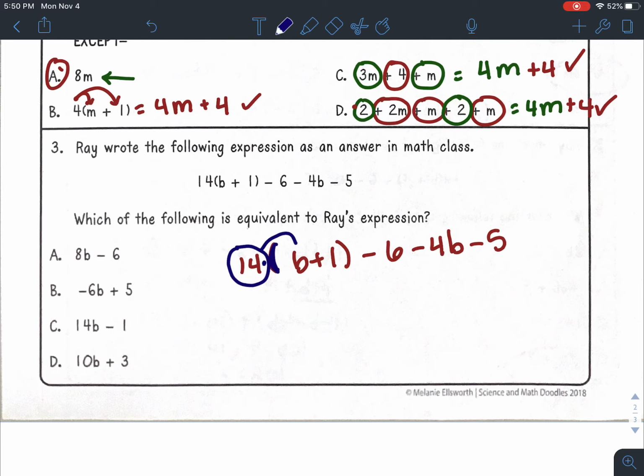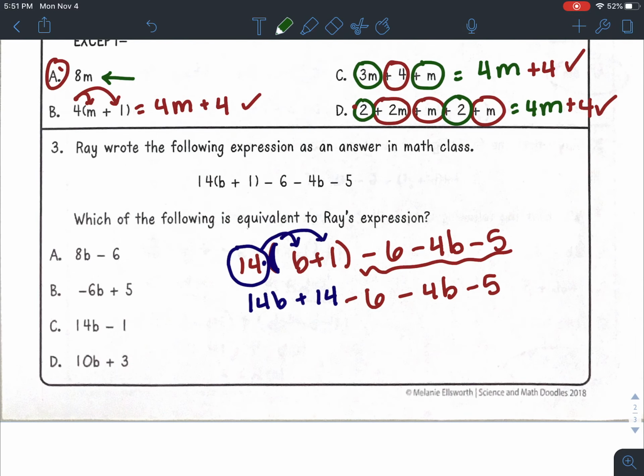I need to distribute or pass out that 14. And again, remember, when I have a number touching a parentheses, that does tell me to multiply. So I have 14 times b, which gives me 14b, plus 14 times 1, which gives me 14. Then I'm bringing everything else down. So I still have minus 6, minus 4b, minus 5.